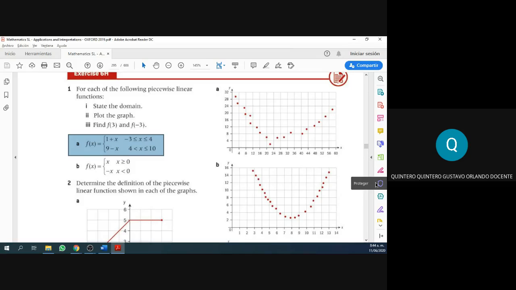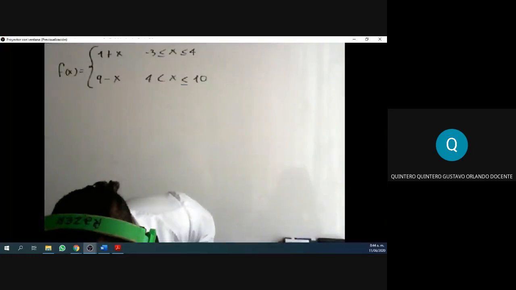Negative 3 lower or equal than x, lower or equal than 4, and here we have 4 lower than x, lower or equal to 10. All right, beautiful. Okay, let me change to my board now.